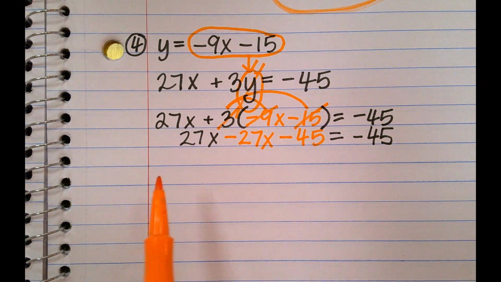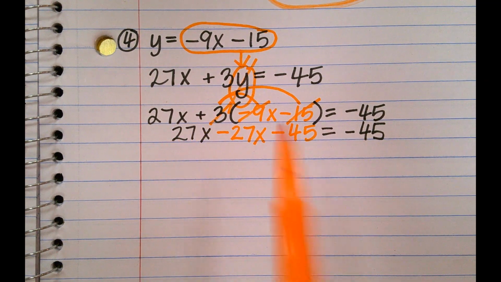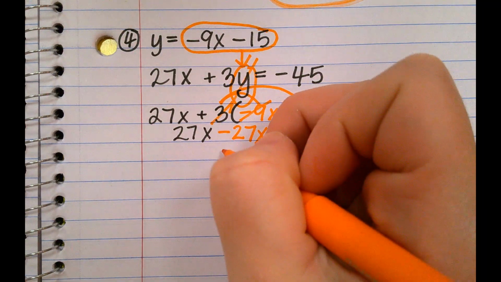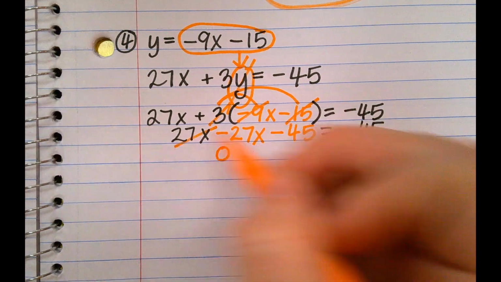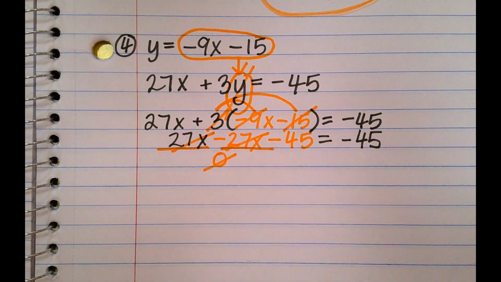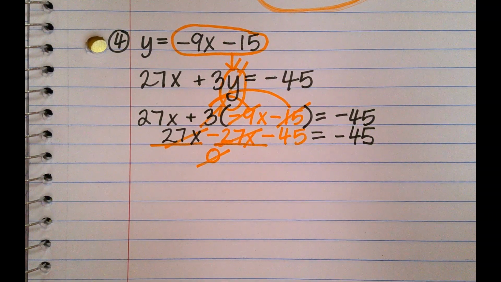If I combine like terms, let's talk about it. I have 27x minus 27x. What does that equal? 0. They cancel. 0x. It's gone. We're done with those. What am I left with? Okay.